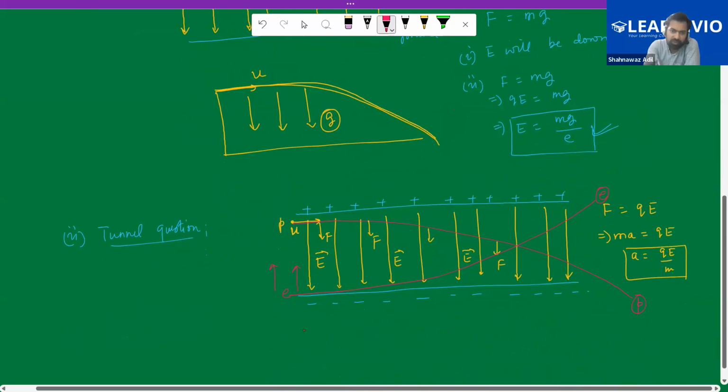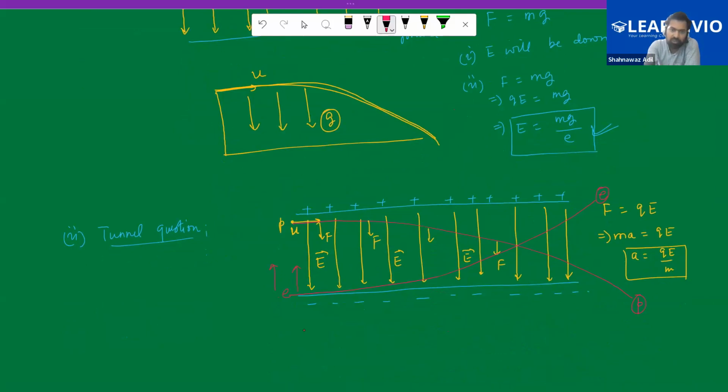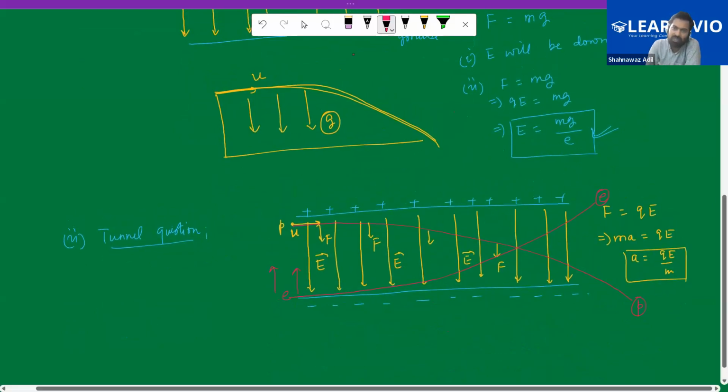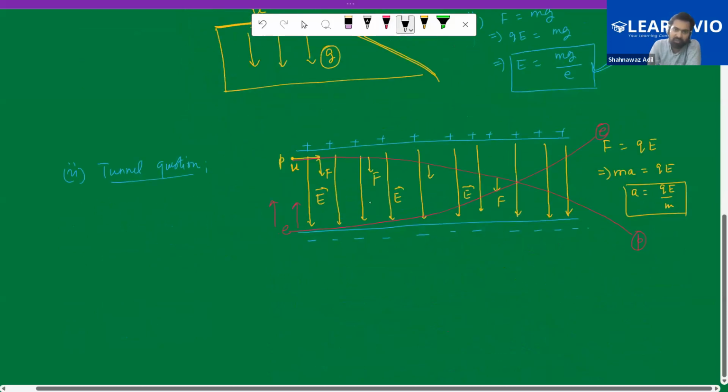Yes, do you remember this question in your class? Yes, sir. Yeah, so I will not talk about this question, right? You have to just remember the projectile motion. So the idea that we have to use in this question is the projectile motion.